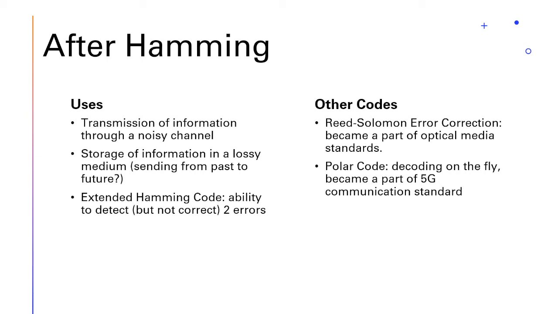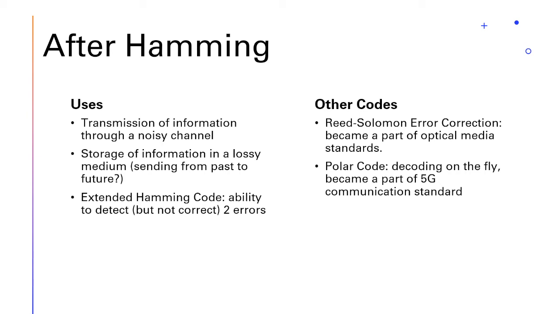Hamming code could also be used for storing information in a lossy medium. Philosophically, you can see this as sending information from the past to the future. The real use for this is in some RAID level of hard drives.